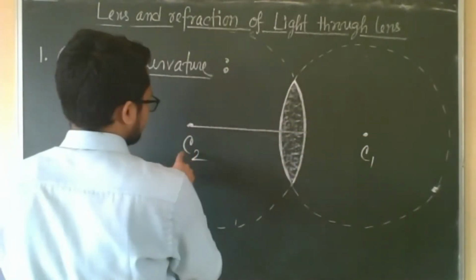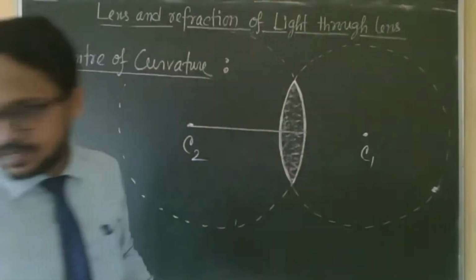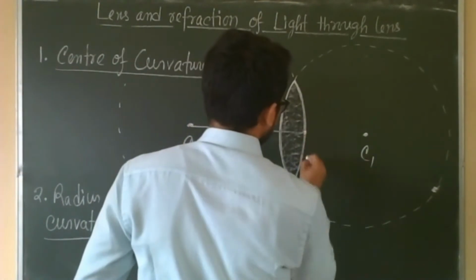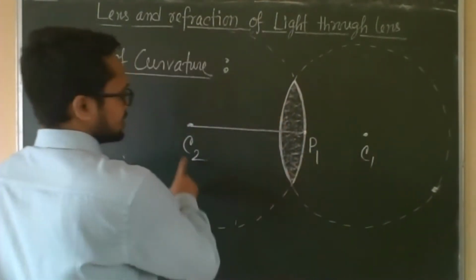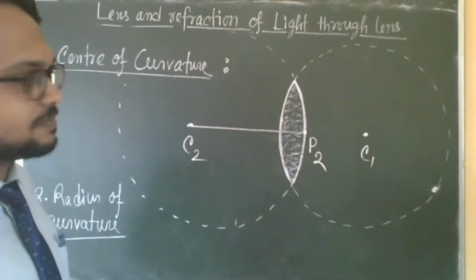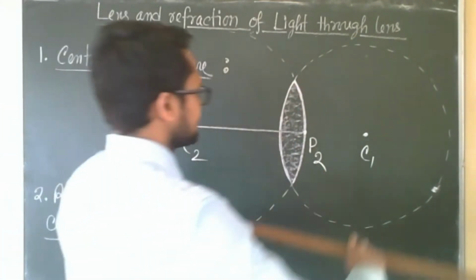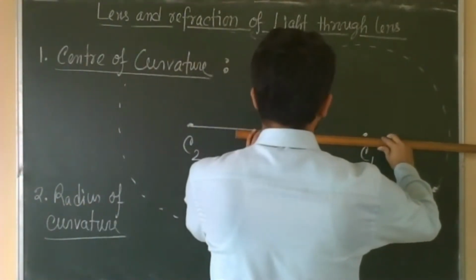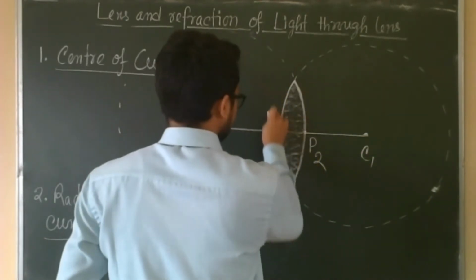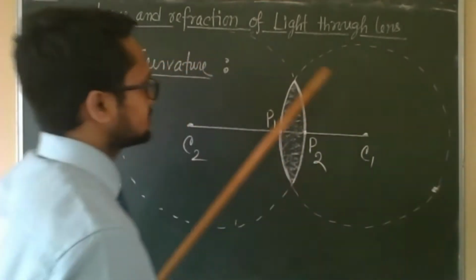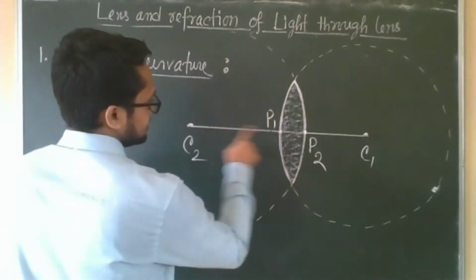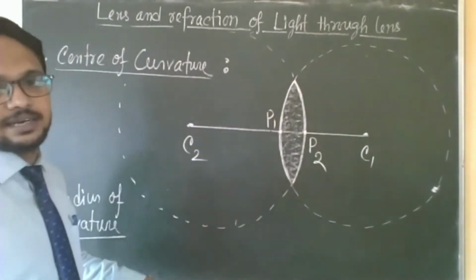As given in the book, suppose here I take P2, then C2P2 is the radius of curvature of this surface. Similarly, for this one, suppose it is P1, then C1P1 is the radius of this surface. So C2P2 and C1P1 are the radii of curvature.